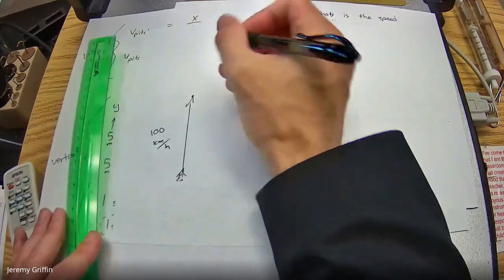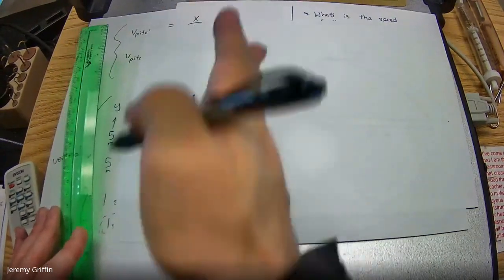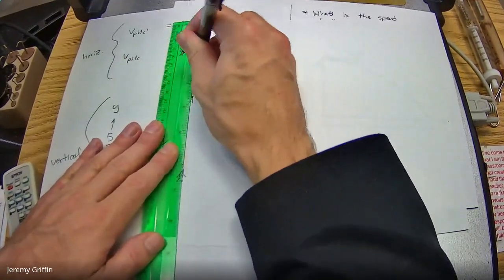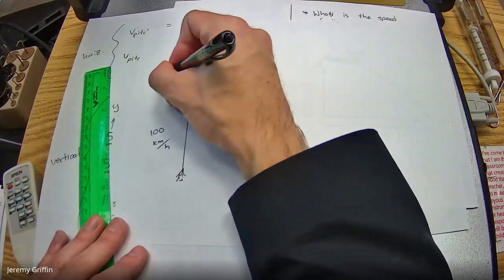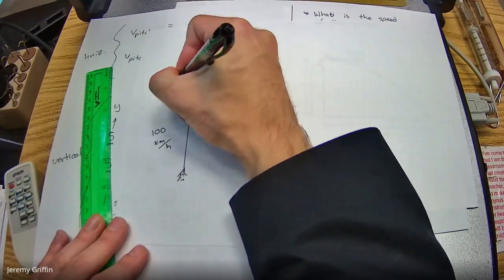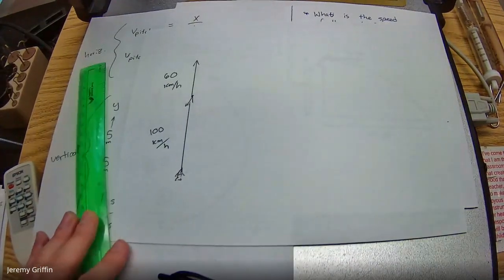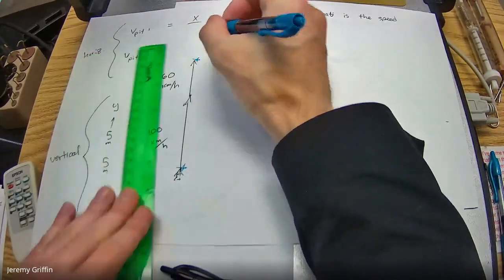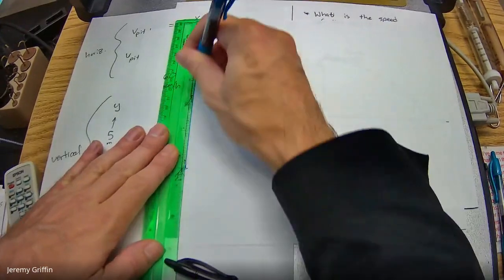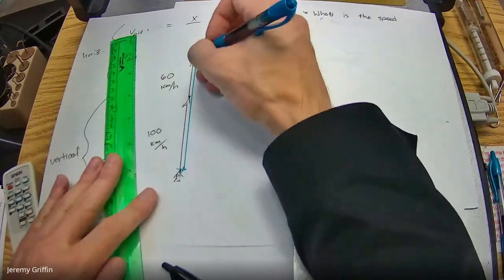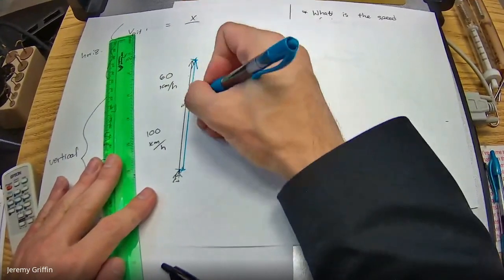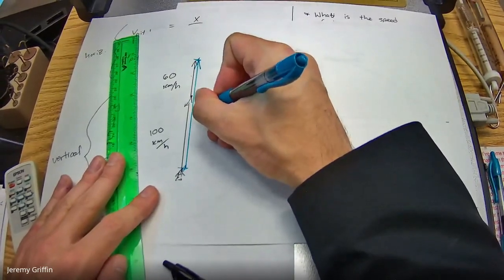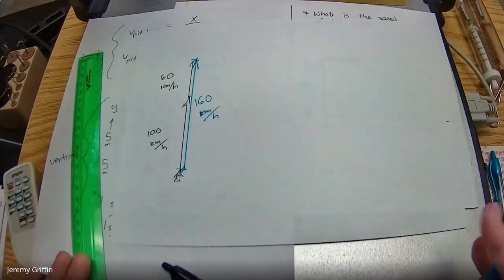But there's also a wind boosting it in the same direction, like a tailwind, maybe going 60 kilometers per hour. Therefore, if you go from the tail of the first vector to the tip of the last one, that's called the resultant. And this represents the plane's ground speed, 160 kilometers per hour. Okay, guys see that?